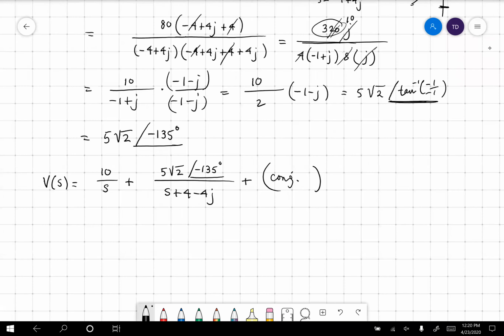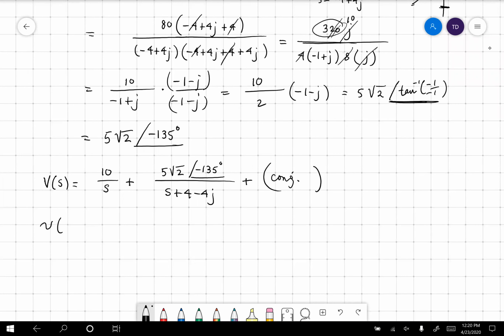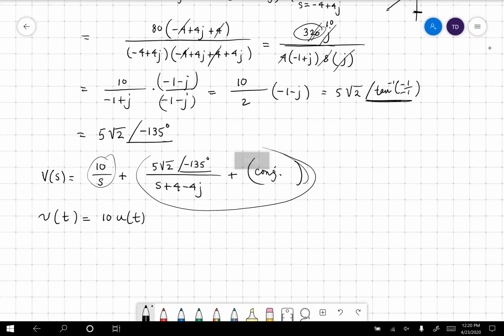Okay, so V of t is equal to 10 over S transforms into 10 U of t. And then all of this, these two together, that's why we end up multiplying by a 2, because it's for the two terms. And so I multiply by 2, so instead of having 5 root 2, that turns into 10 root 2.